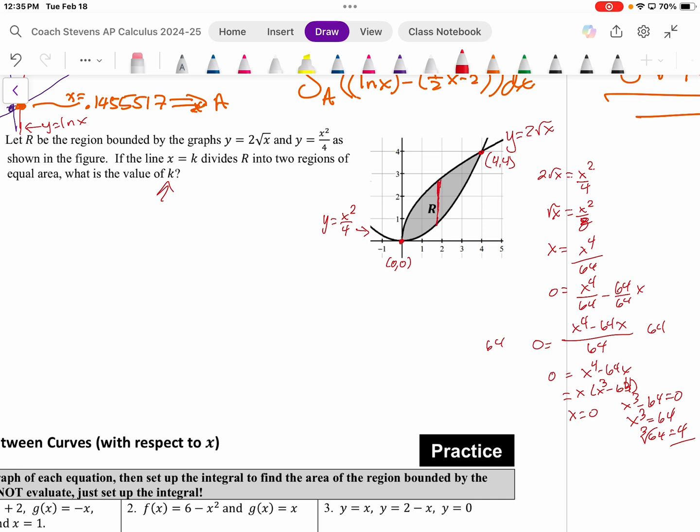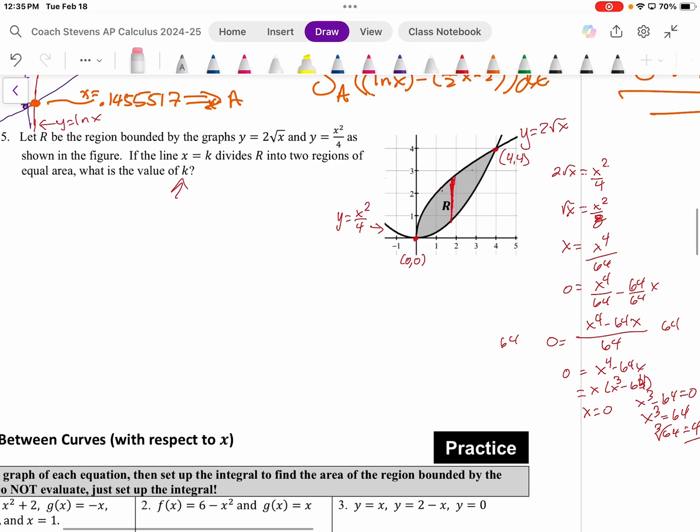It's not on the 2 line, because this is a lot fatter, that's a lot skinnier, and it's longer. So we've got some trade-off going on there. I'm thinking it's somewhere between 1 and 2, looks like the rough split between the 2 areas to be equal. So that is our k, and our goal is to find out what k is.